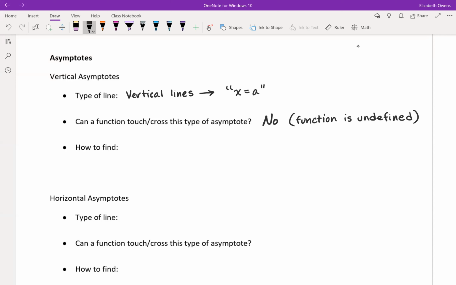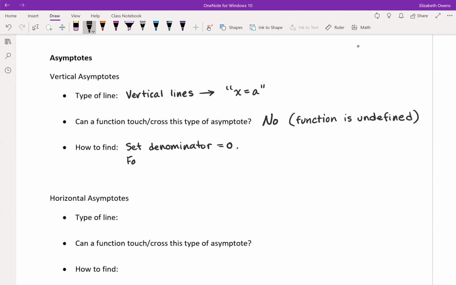So to find these vertical asymptotes, little refresher, you've learned this process back in algebra. To find these, you're going to set your denominator equal to 0, because we'll be looking at these in terms of rational functions, generally speaking. Set denominator equal to 0.